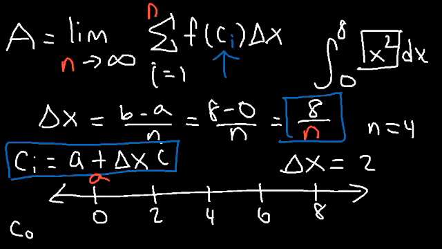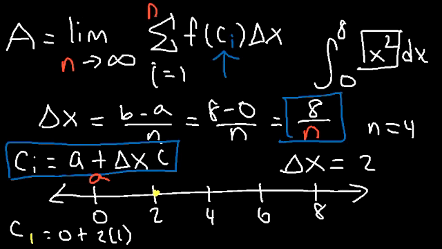So c_0 is a, which is 0, plus delta x, which is 2, times i, which is 0. That gives us the first point of 0. Now what about c_1? Well, a is still 0, plus delta x, which is 2, times i, which is 1. 2 times 1 gives us the second point, which is 2.